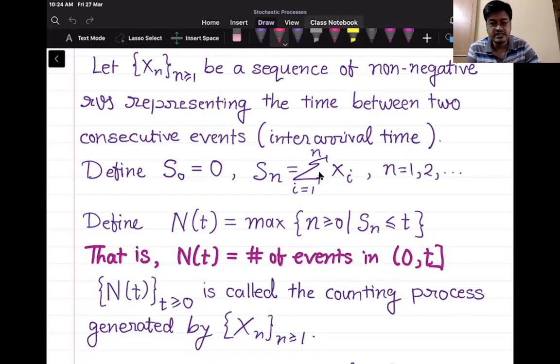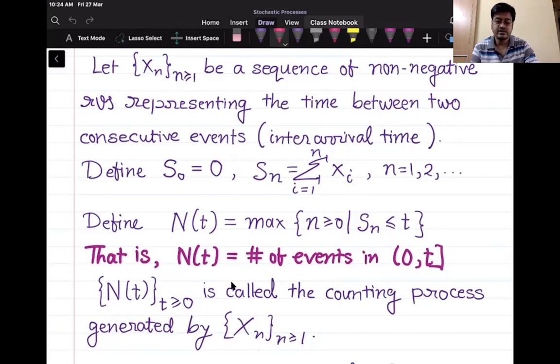This means in this random interval of time where n events have happened, that random interval of time is less than or equal to t, and the number of events is indexed by this set n. If you take the maximum over all n greater than or equal to 0, then you will get the number of events in time 0 to t. This N(t) in general is called a counting process generated by X_n.